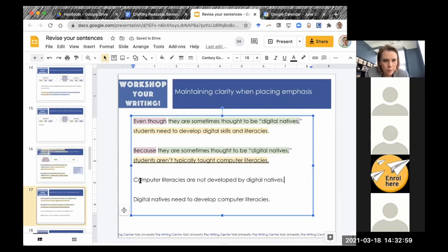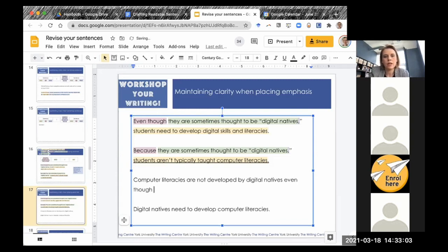Same with computer literacies are not developed by digital natives, even though they should, even though they do most of their work on computers. This topic is so out of date, sorry.